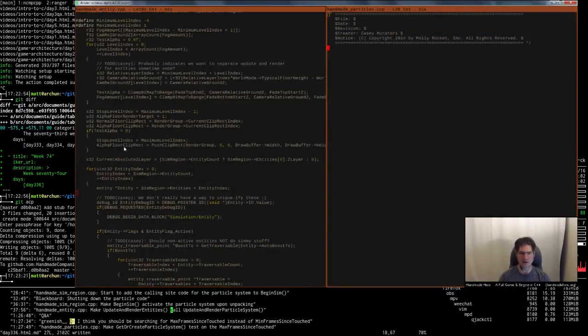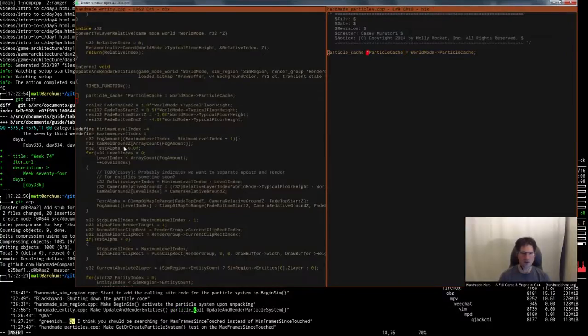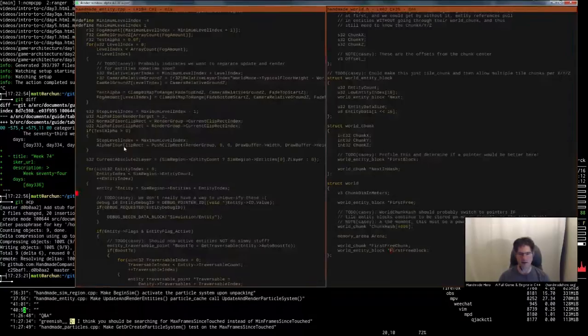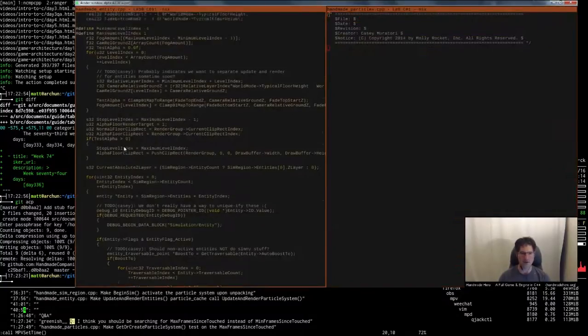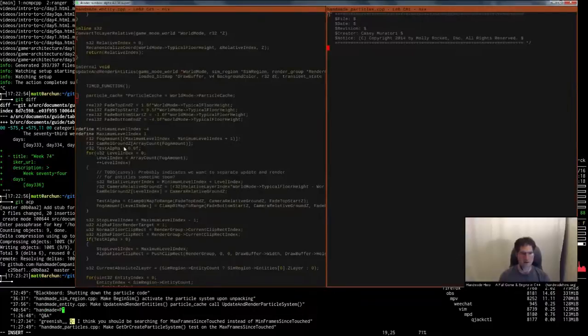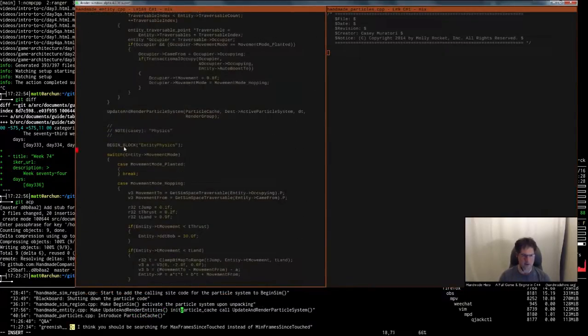So let's take a look at the particles side of things here. I know that there's going to have to be some way of initializing this thing. I guess I don't care about that quite yet. Where's the rest of my stuff? Here it is.